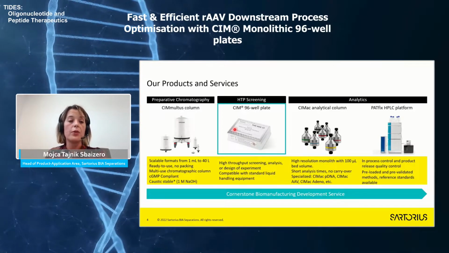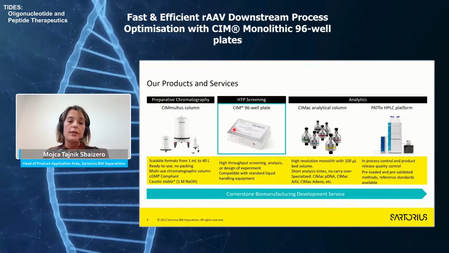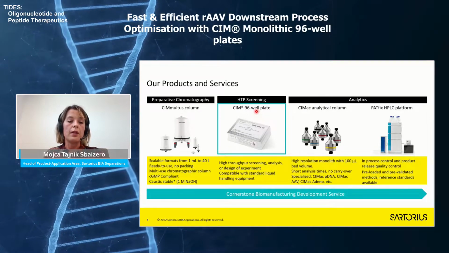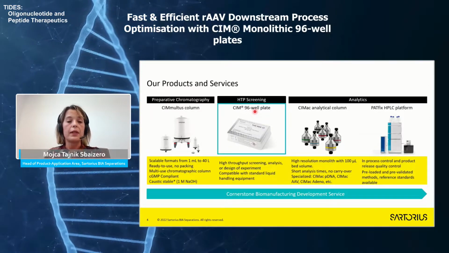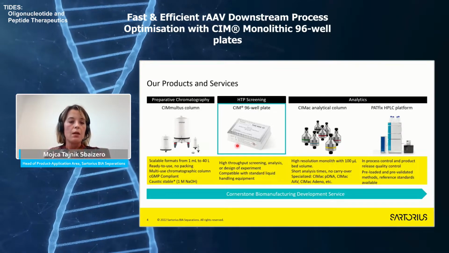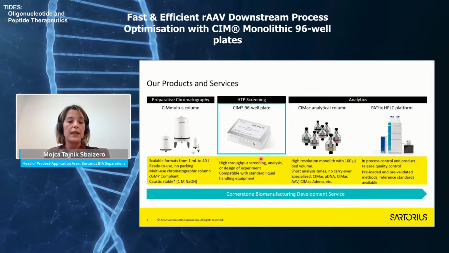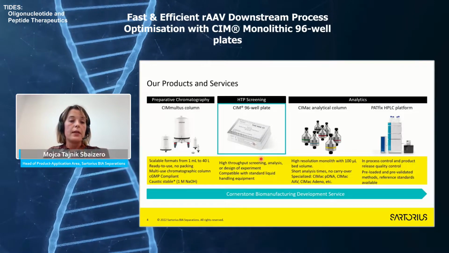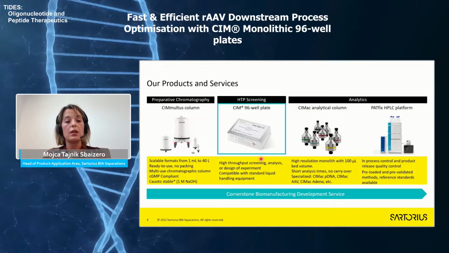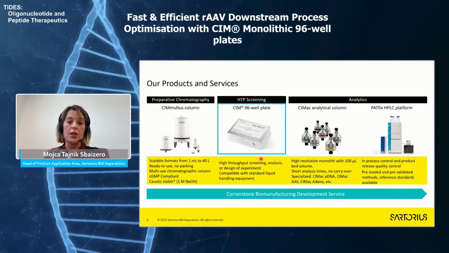These plates are used for high throughput screening, design of experiments, and basically can be used in process development in a lot of different examples. For these plates, we do not need a chromatography system. We can use them with other techniques I will explain later, and their 96 well format makes them compatible with other standard liquid handling equipment. This calls for process automation.